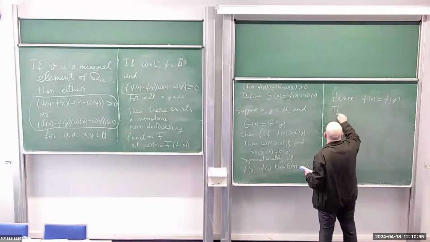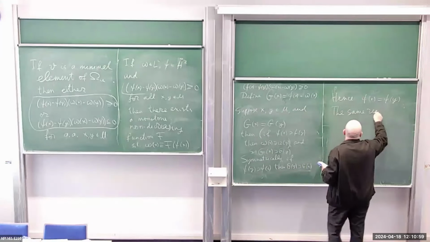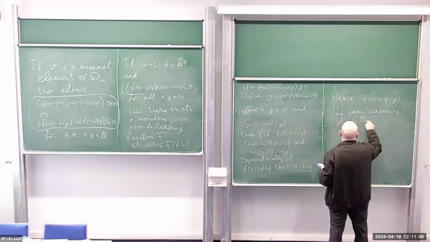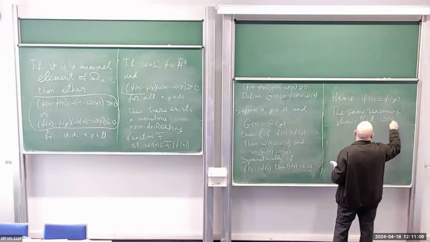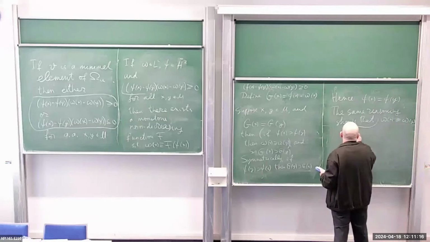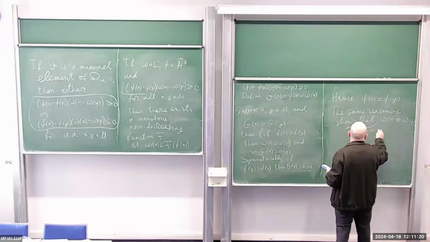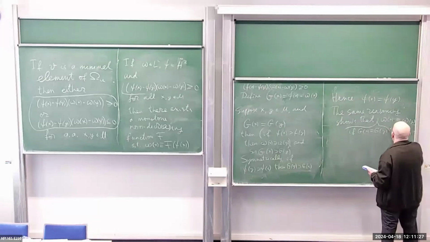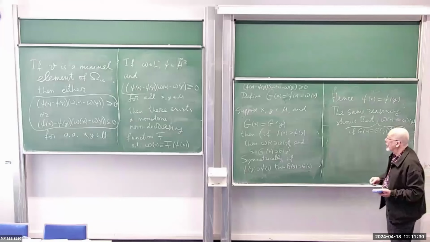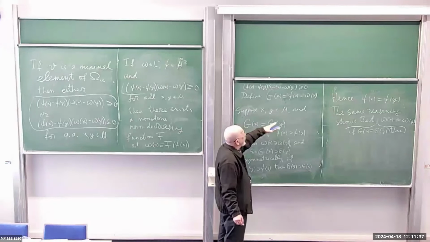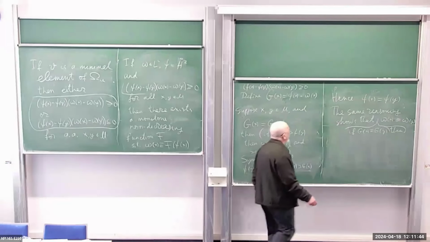The same reasoning shows that if g of x equals g of y, then psi of x equals psi of y, and omega of x equals omega of y.